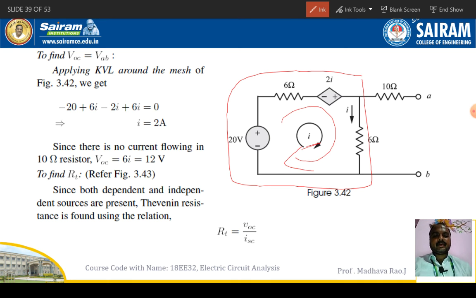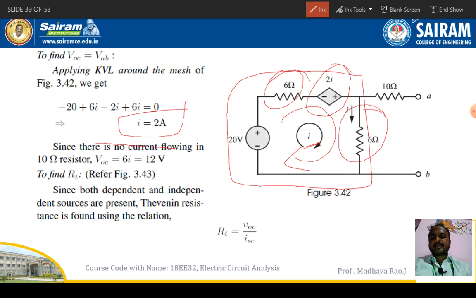So here current is I. So 20 minus 20 plus 6 minus 2I. So this is the current dependent voltage source. So minus 2I plus 6I equal to 0. So if you simplify this one, I value you will get 2 amperes. So 2 amperes, 2 into 6.